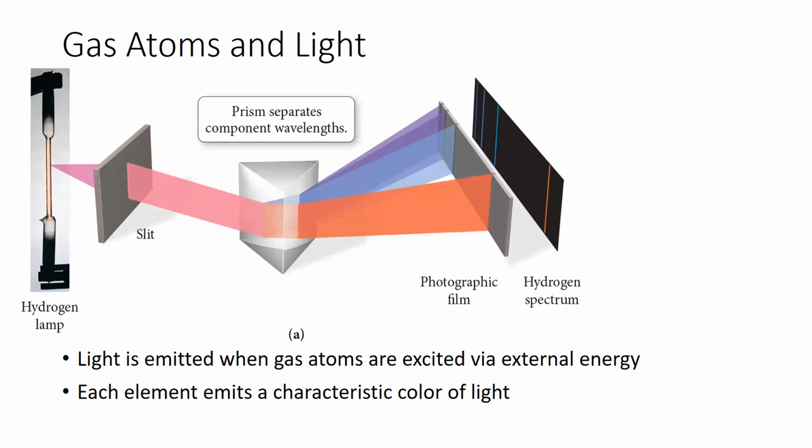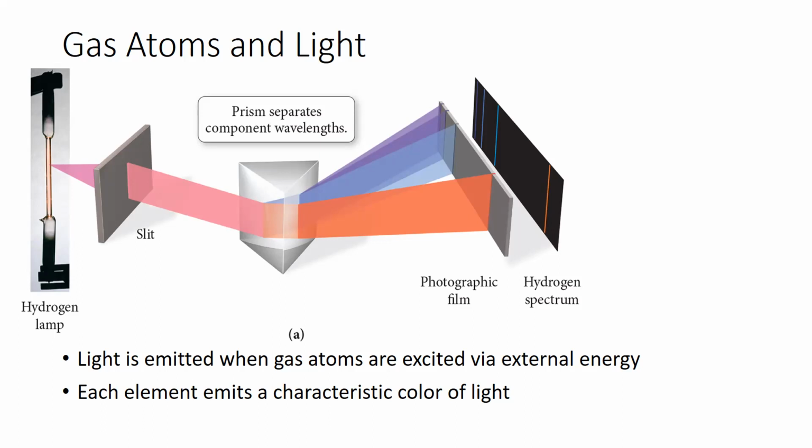You're probably most aware of this with neon lights. If you think of Las Vegas and all those neon lights, all that's happening is that they have gas and they're exciting the gas with electricity, and that gas is giving off that light.